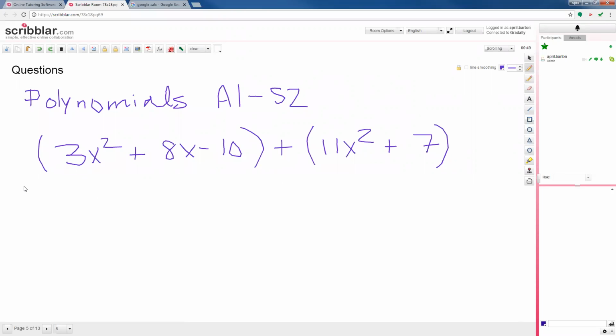If I say 3x squared, because of the little 2, versus 8x, those are not like terms because 3x squared is different than just 8x. So what is the like term for 3x squared? What other term is also x squared?